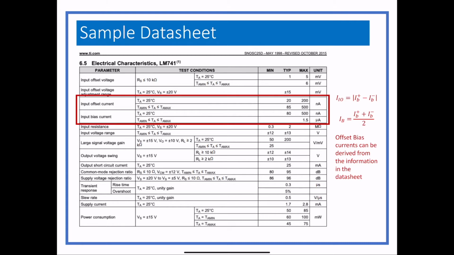So the average input bias current for this is typically about 80 nanoamps, and then the difference between them is typically 20 nanoamps. So that gives you an idea. Again, these are really small. These are not big. It just depends on the kind of circuit and how much amplification you're using to see if it makes a difference.